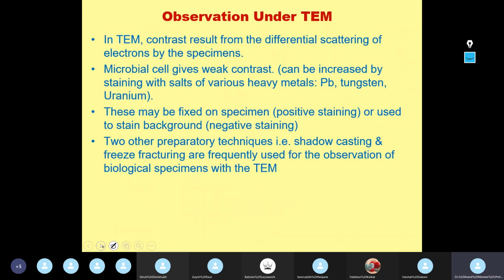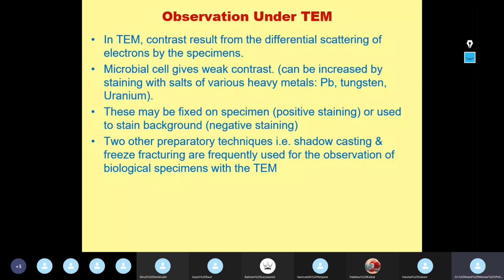When you talk about making observations under transmission electron microscopy, as I stated, observations can be done in two ways: in a natural condition without staining, and with staining.